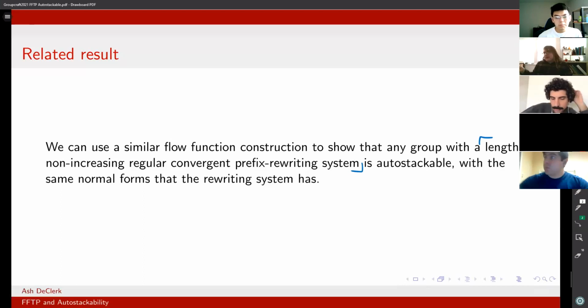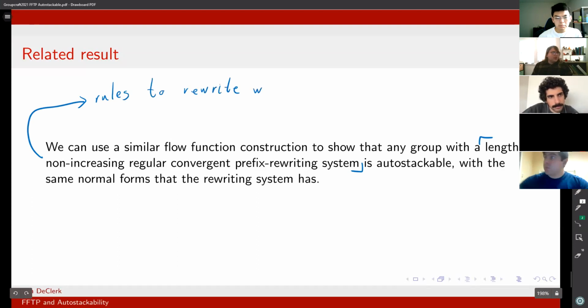So what does that mean? It basically means you have some set of rules to rewrite words.